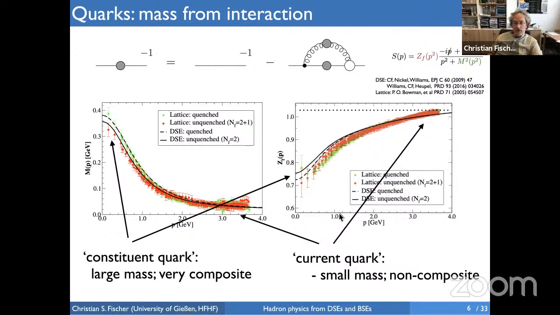Whereas here, at low momentum, where the QCD interaction is strong, Z_F is widely different from 1, which tells you that your quark is now not just a quark, but a quark surrounded by a cloud of gluons due to the interaction with itself.